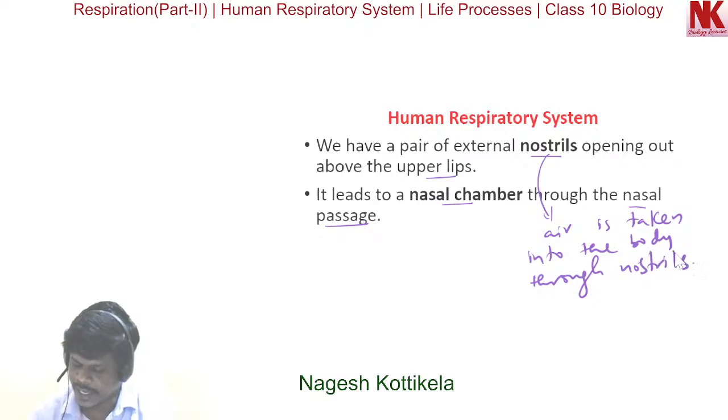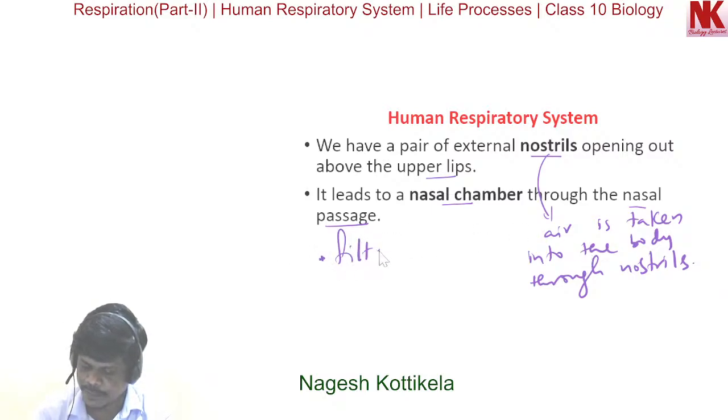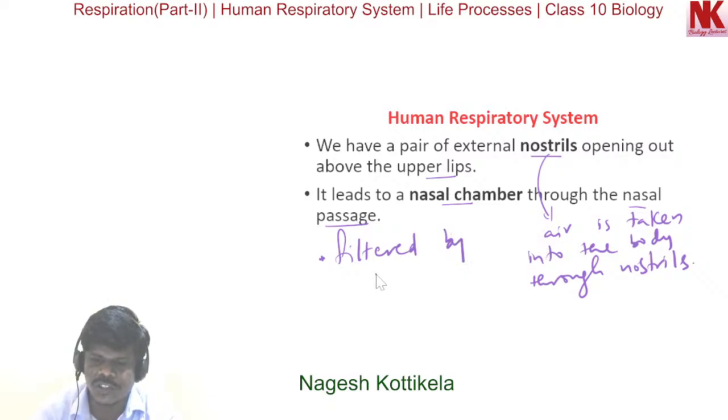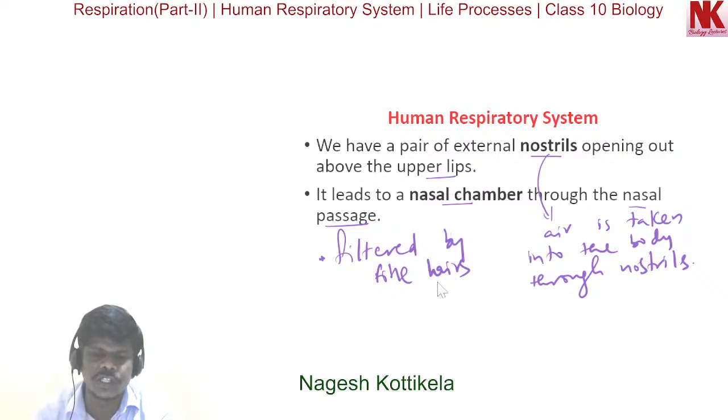The air passing through the nostrils is filtered. One of the very important concepts is that the air passing through the nostrils is filtered by fine hairs that line the passage.